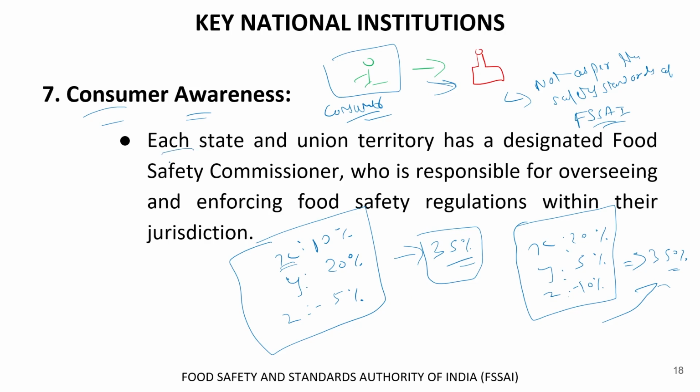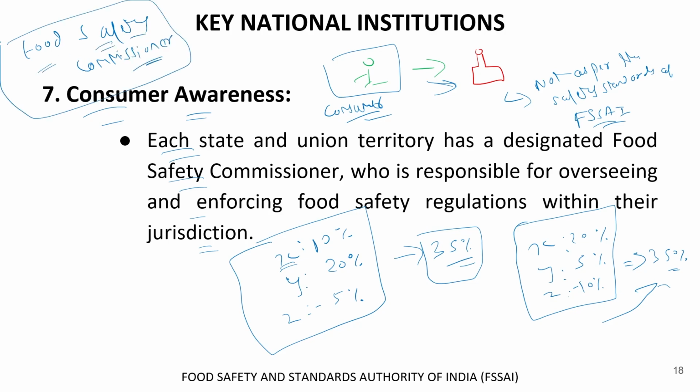So that's why each state and union territory has a designated food safety commissioner responsible for overseeing and enforcing food safety regulations within their jurisdiction, which means there is a food safety commissioner in each UT and state, with a designated area to look after the food items being manufactured, stored, produced, processed, or sold in the market, which must be as per the standards.